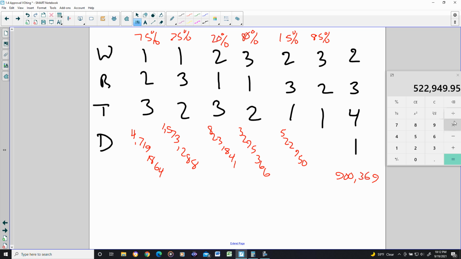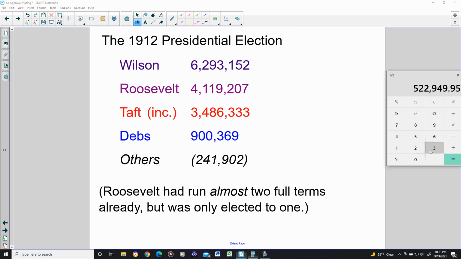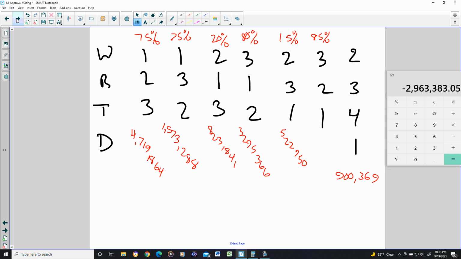And then what I could do is just simply, I'm going to cheat a little bit and subtract it from the total votes, 3,486,333, and I'm going to get 2,963,383. And that's what this number is. 2,963,383. Okay, so it's a little tough to read, but don't worry, we'll get to it.